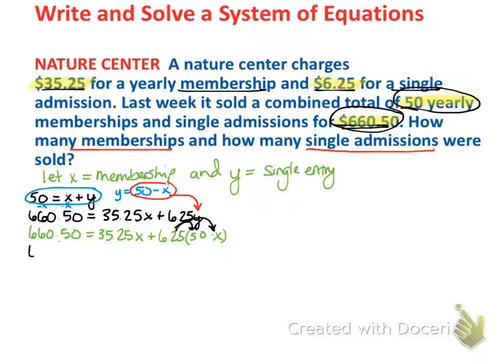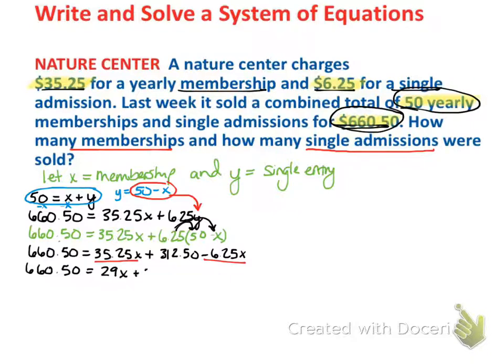So that'll give us 660.50 equals 35.25x plus 312.50 minus 6.25x. We got some like terms to combine. That gives us 660.50 equals 35.25 minus 6.25, which is 29x. Finally, things are looking a little simpler.